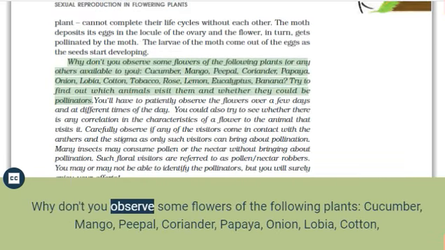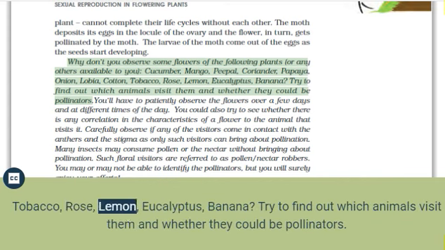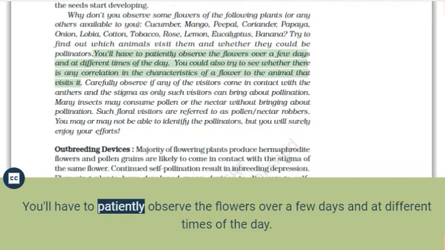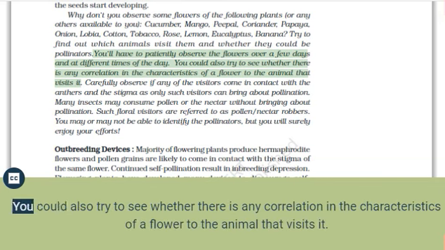Why don't you observe some flowers of the following plants: cucumber, mango, peepal, coriander, papaya, onion, lobia, cotton, tobacco, rose, lemon, eucalyptus, banana? Try to find out which animals visit them and whether they could be pollinators. You'll have to patiently observe the flowers over a few days and at different times of the day. You could also try to see whether there is any correlation in the characteristics of a flower to the animal that visits it.